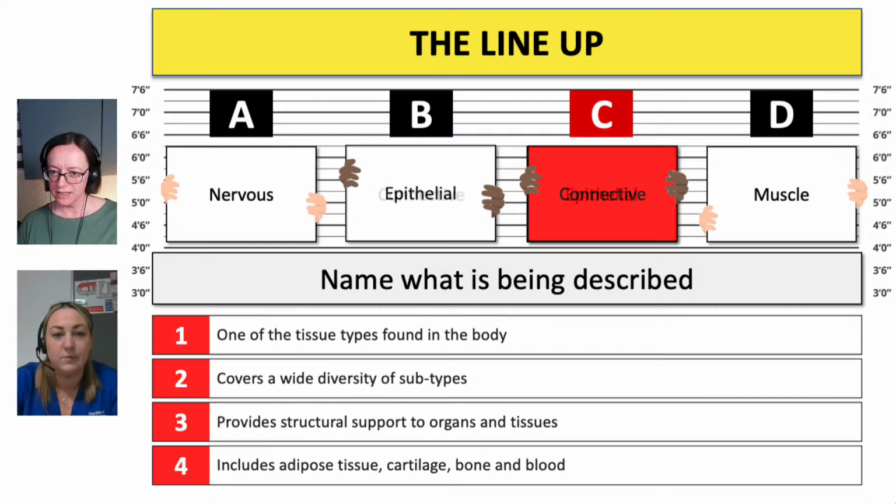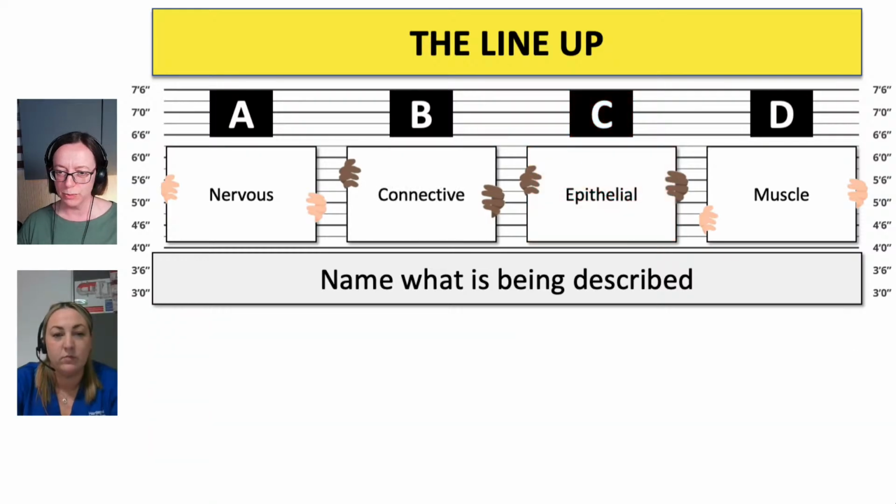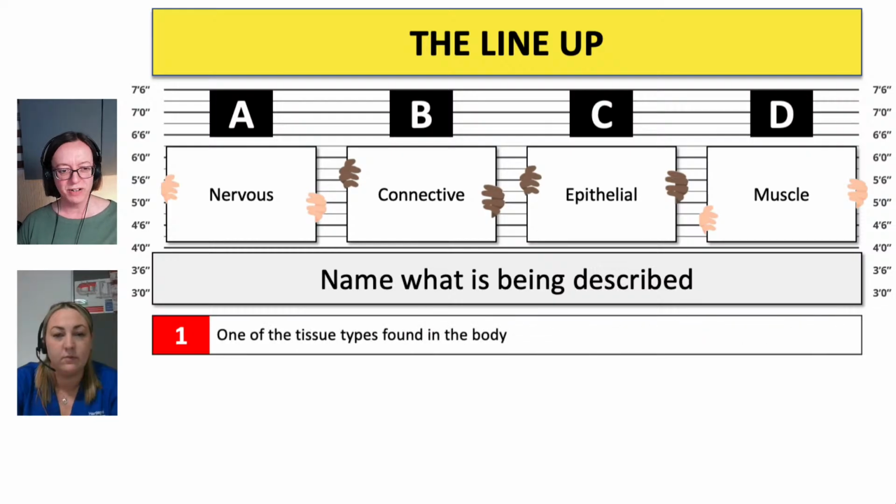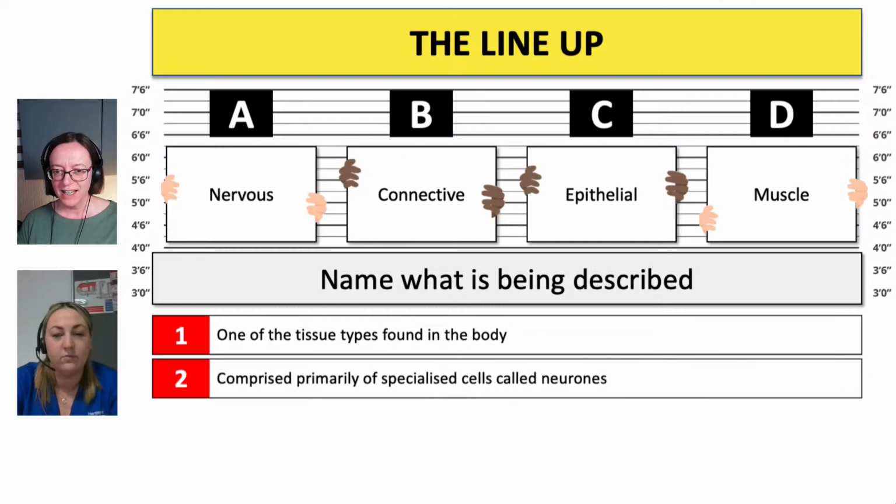Okay, I think the next activity is very similar. Yep, so we've got the same 4 tissue types and our first clue is one of the tissue types in the body. So it could be any of them. Yep. Unlikely to be the one we've just done though. Okay, comprised primarily of specialised cells called neurons. That's quite a big clue, I think.